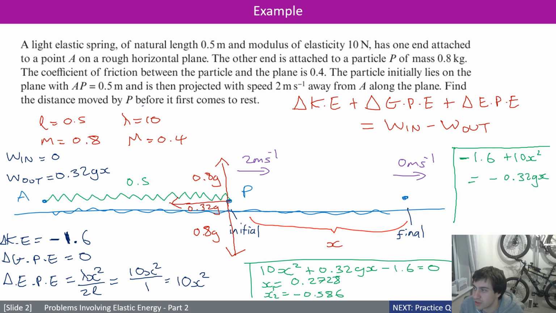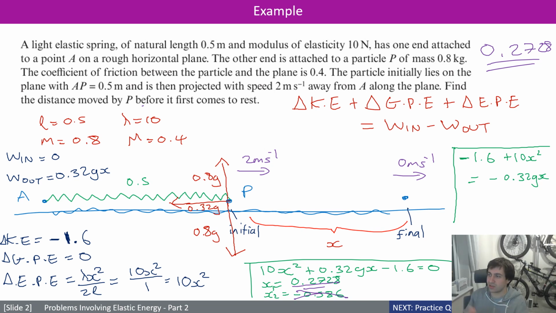It's not going to be 0 the first time when it's been pushed to the left. So we ignore our negative solution, and our final answer is this one here. It's 0.2728. Okay, and that's our value for x.